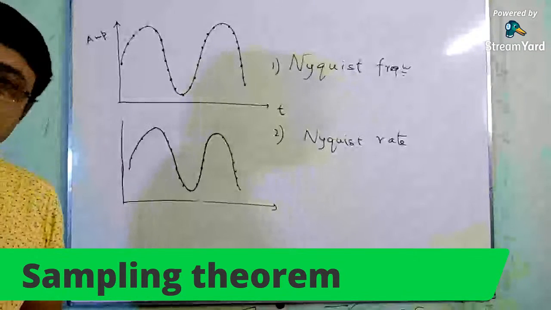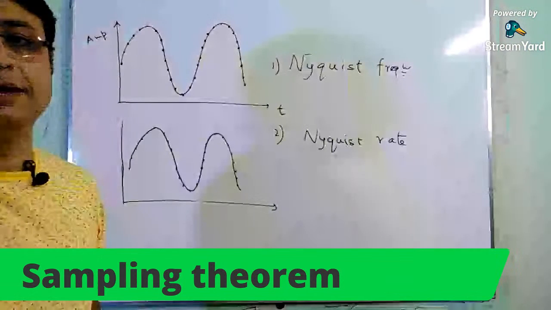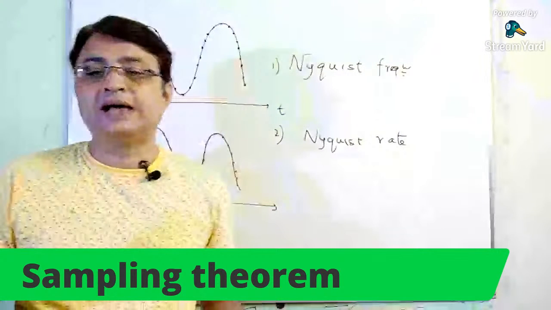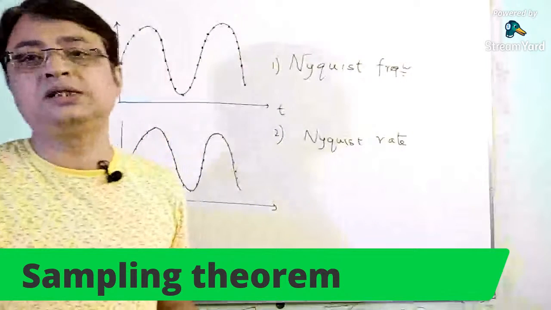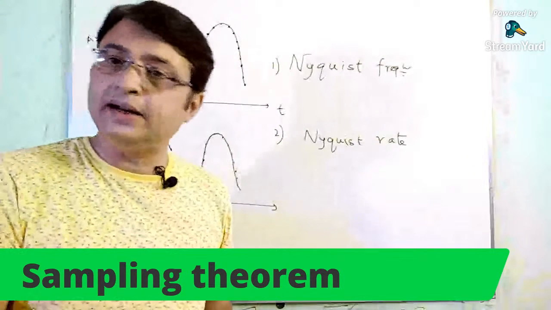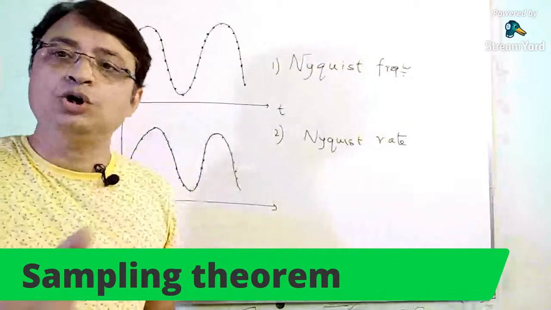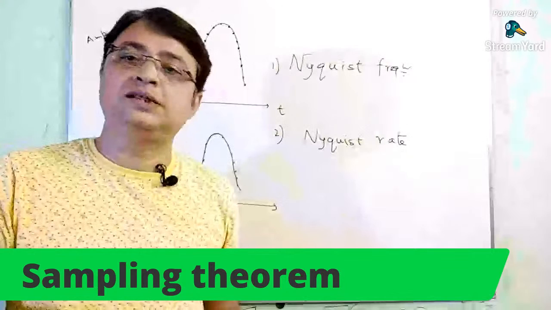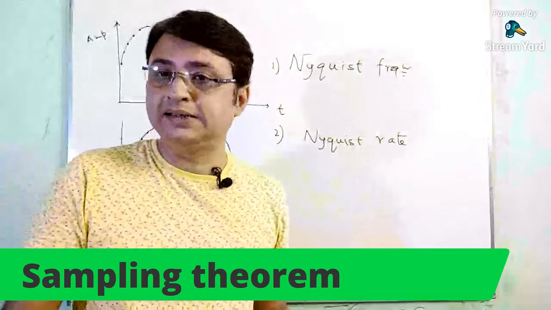It is the minimum sampling rate, because according to the sampling theorem, the frequency of sampling should be greater than, or at minimum equal to, twice the maximum frequency present in the signal.